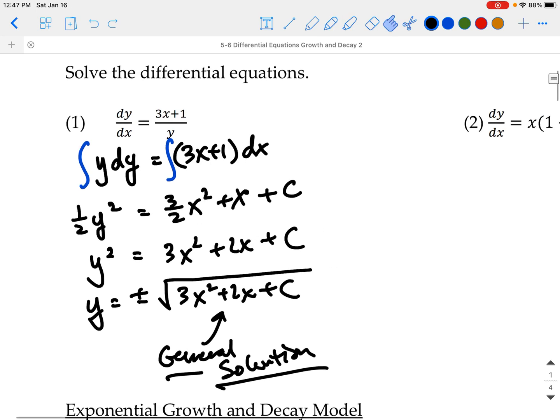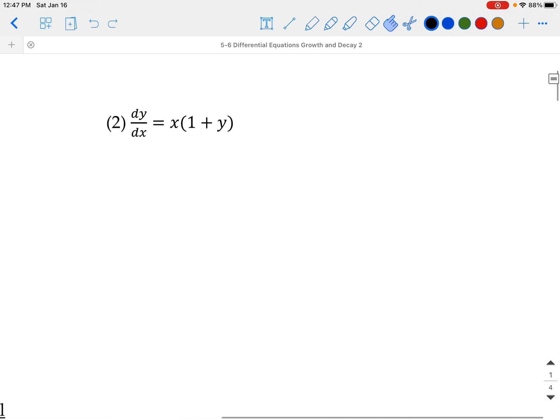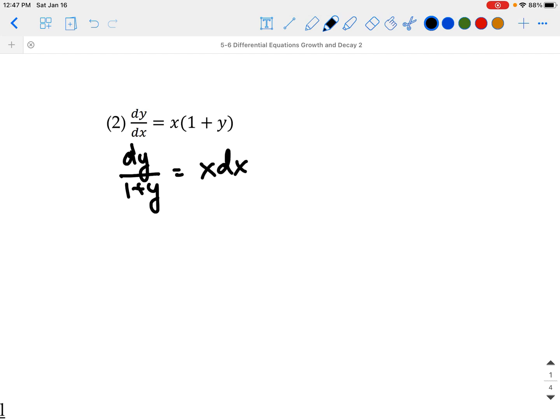Okay, so for number 2, we can do the same thing. We've got dy over dx, and now we're going to separate by dividing by 1 plus y and then multiplying by dx. So we'll have dy over 1 plus y is equal to x dx. And then again, we can integrate both sides.